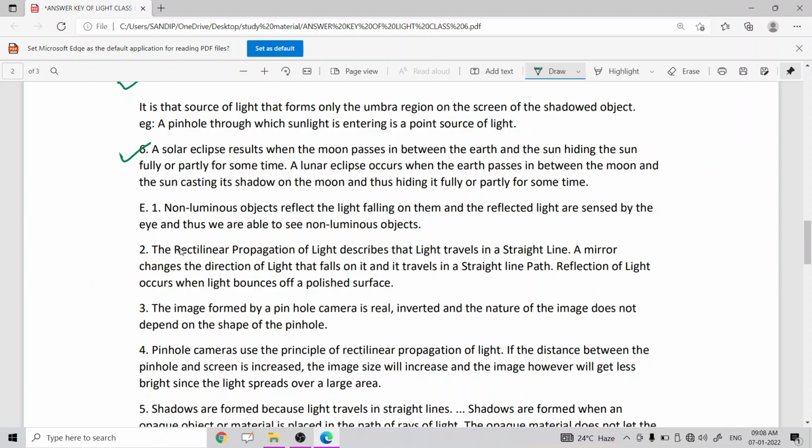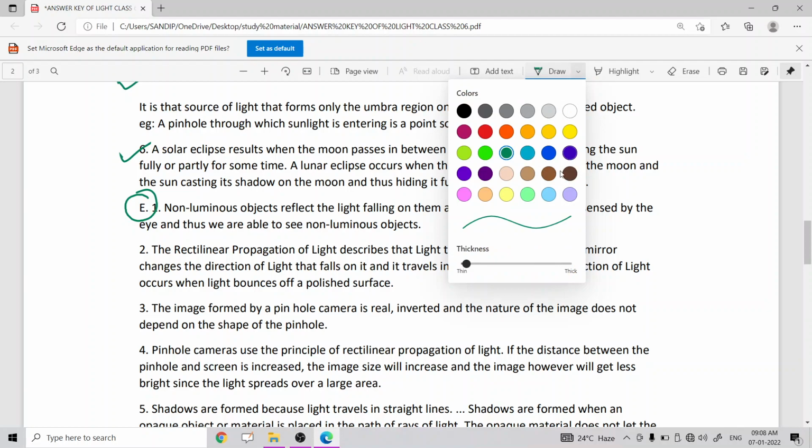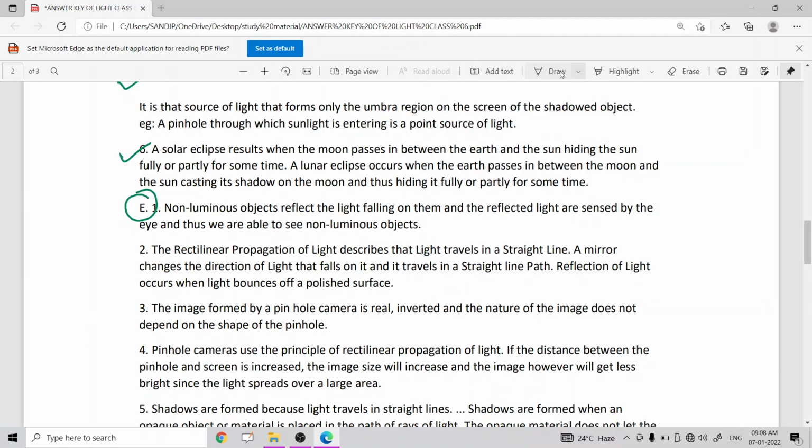Okay, and we move to our next section, that is section E. Answer the following in short. Here the first question is: how do you see a non-luminous object?